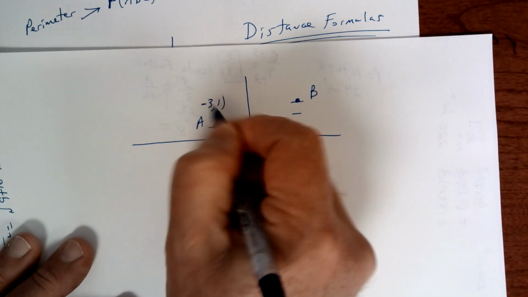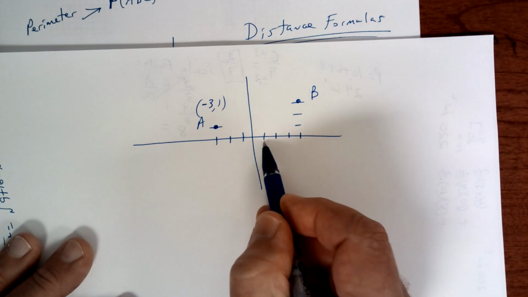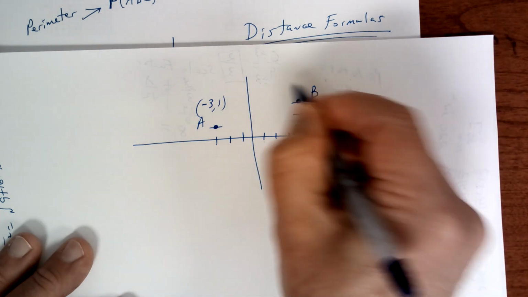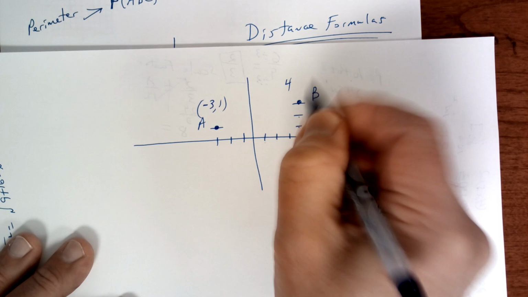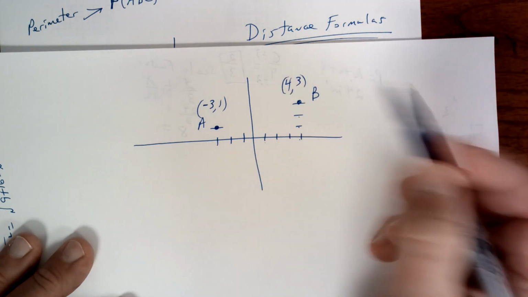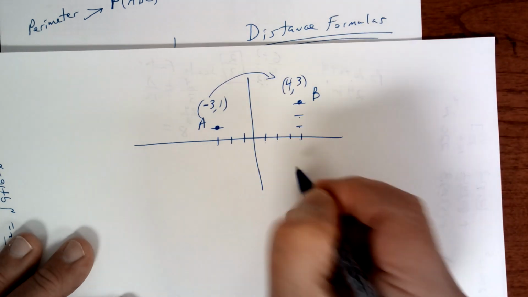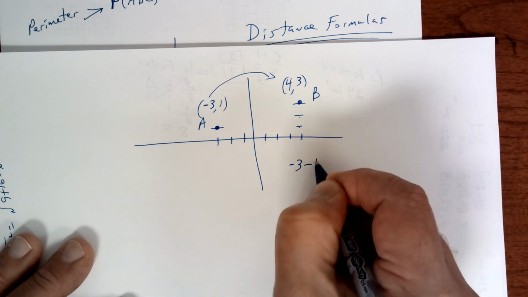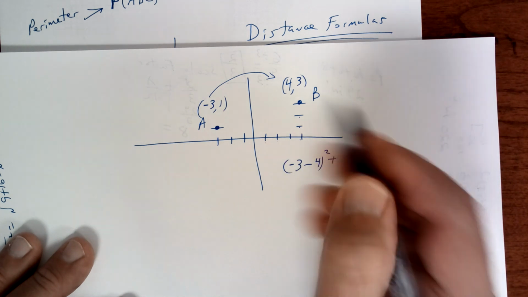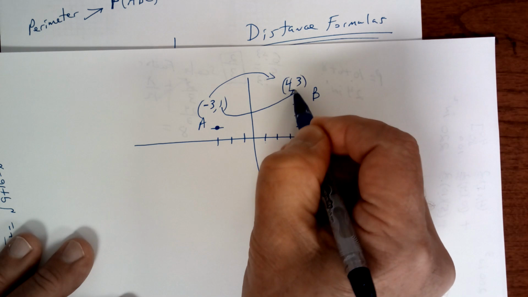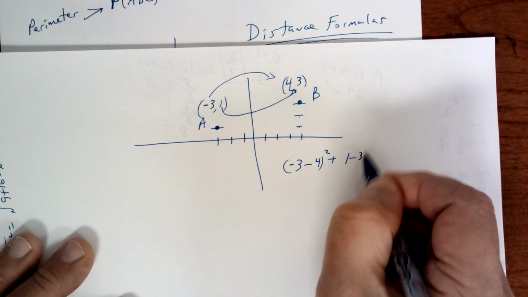And this one is over 4, up 3. Okay, so it's x minus x. So it's negative 3 minus 4, and then y minus y, 1 minus 3 squared.